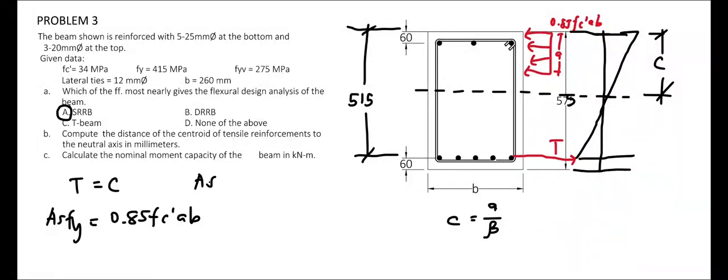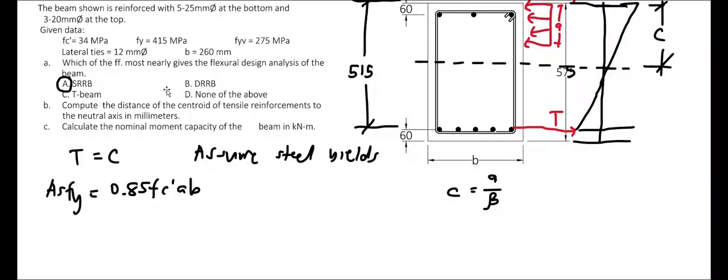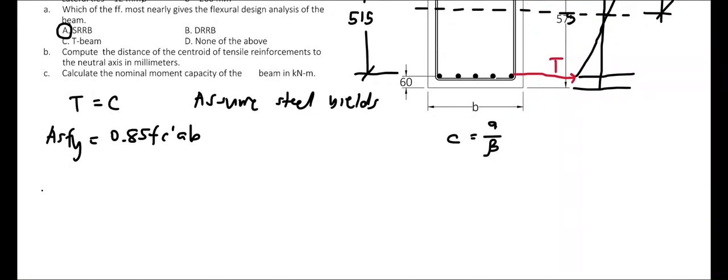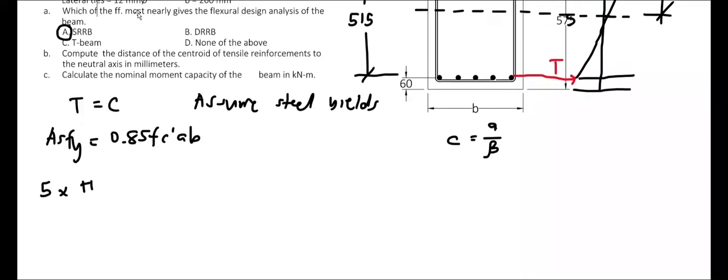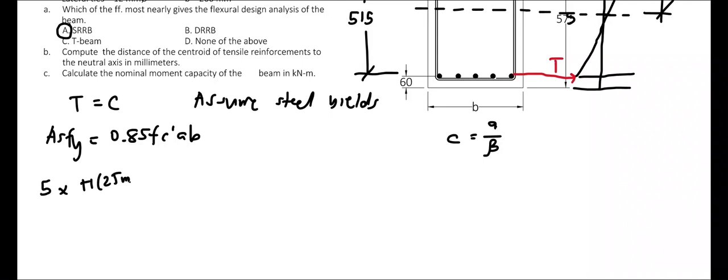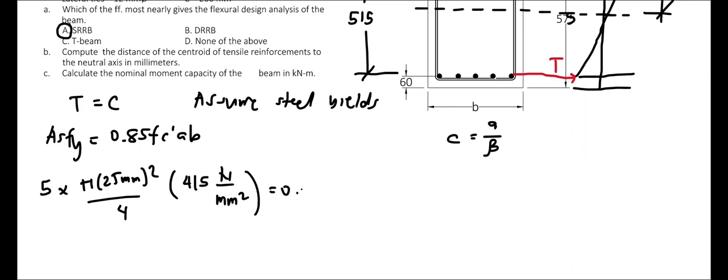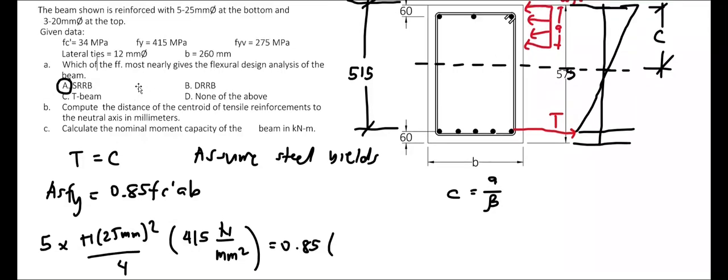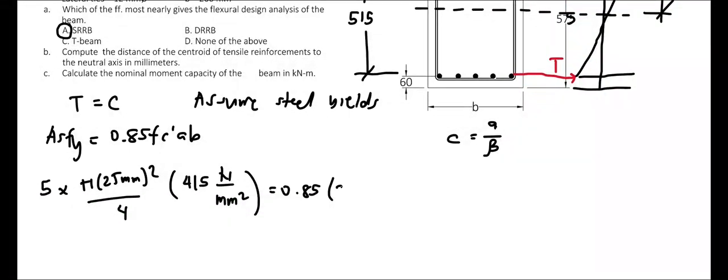So assuming steel yields, to solve for As, the total steel area, which is equal to 5 times pi times the diameter of the bar, that is 25 millimeters, squared over 4, times Fy, that is 415 megapascals, equals 0.85 fc', that is 34, times a, times a base of 260 millimeters.